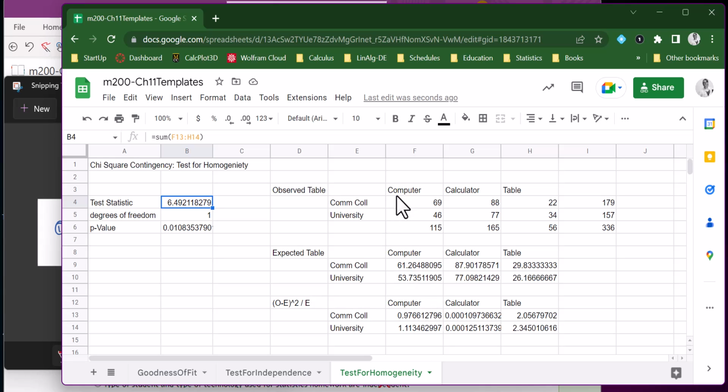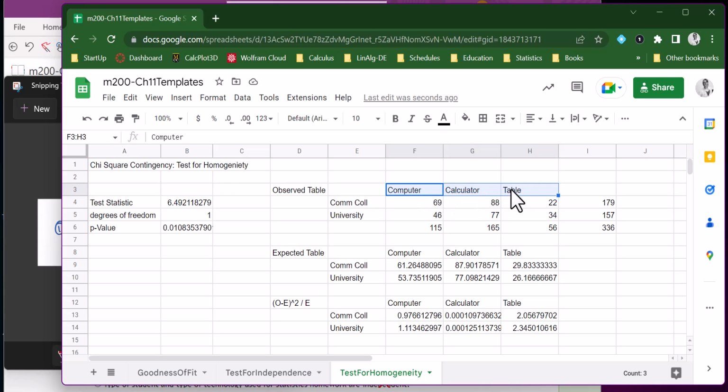Now I want to figure out my degrees of freedom. The degrees of freedom is going to be the number of rows minus 1 times the number of columns minus 1. So there's only 2 rows, and for the test of homogeneity, since we're only comparing 2 populations, the rows, you're always going to have 2 rows, so that's just going to be 1 times whatever number of categories you have, minus 1.